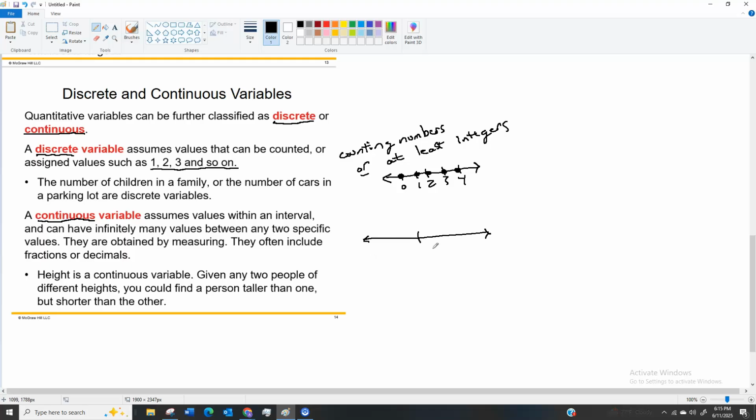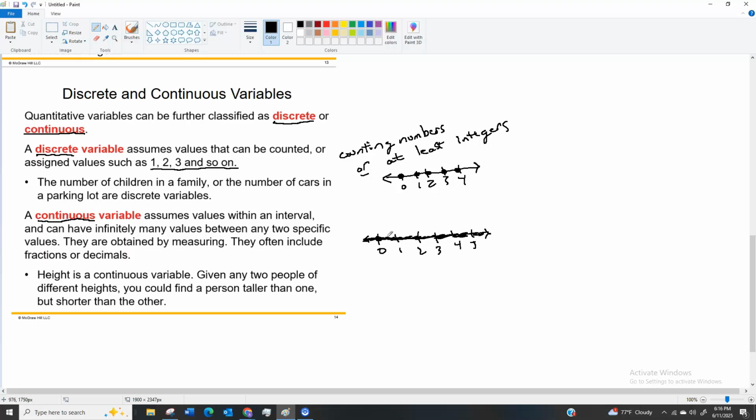Now, when you're talking about continuous variables, we still might be in the same span of numbers, but continuous variables don't have to stop on the whole numbers. They could be anything in between. So they could be any of these numbers on here.